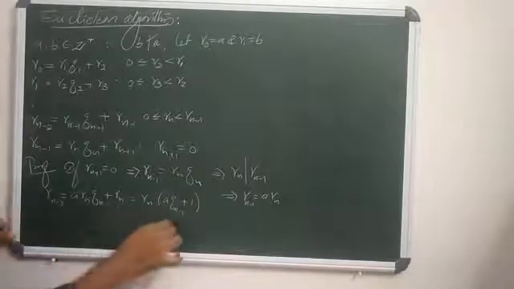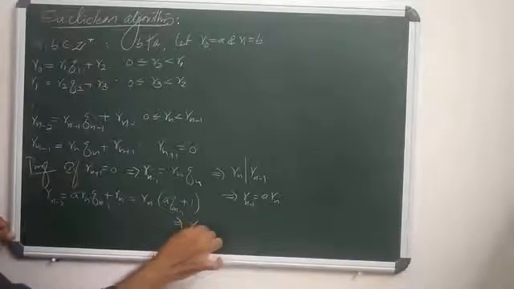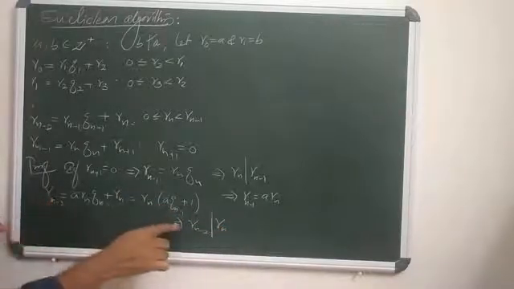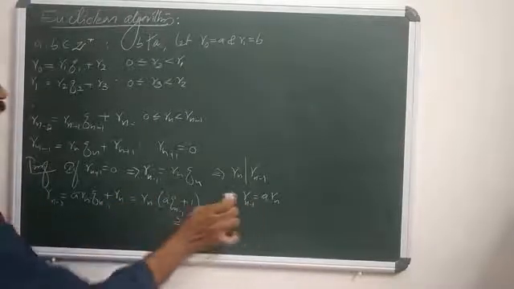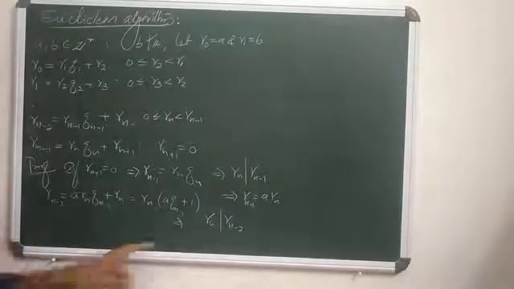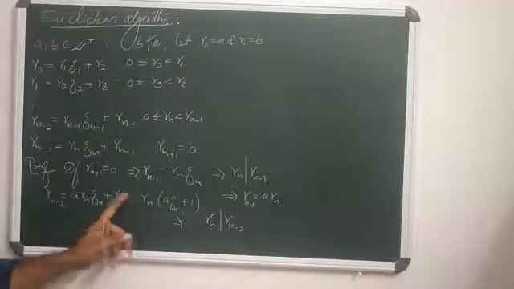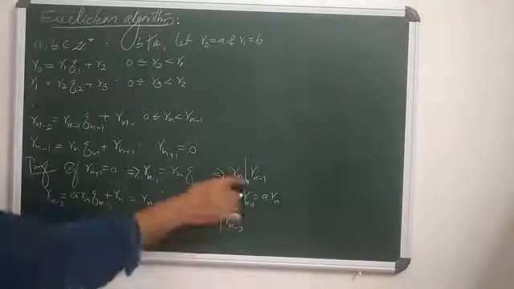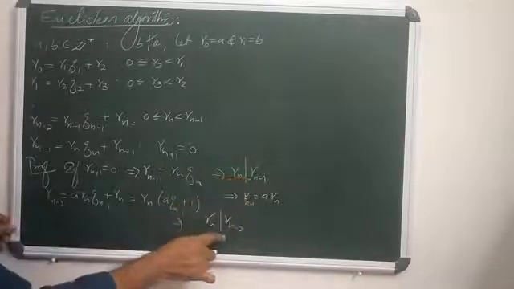That means Rn also divides Rn minus 2. Why? Because Rn minus 2 is a linear combination, or a multiple, of Rn. So Rn divides Rn minus 1, and Rn divides Rn minus 2.